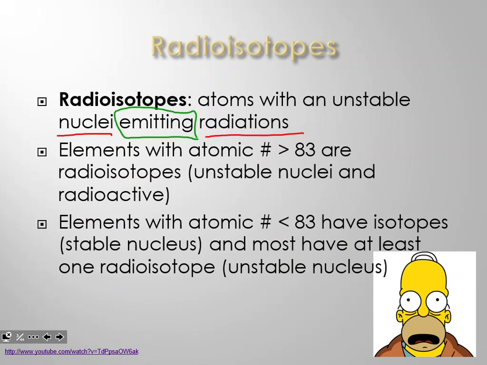We have carbon-12, which is very stable and the majority of the abundance of carbon. But carbon-14 has 8 neutrons and 6 protons, and it is a radioisotope. It's used in carbon dating, radioactive dating, to figure out the age of fossils.